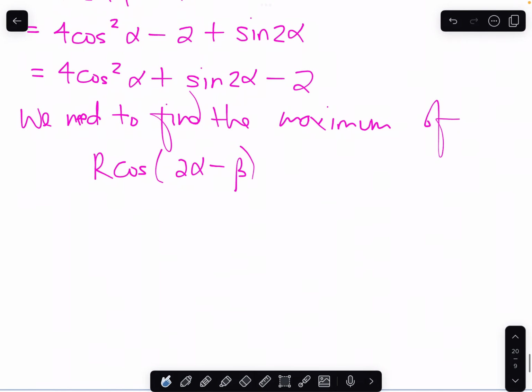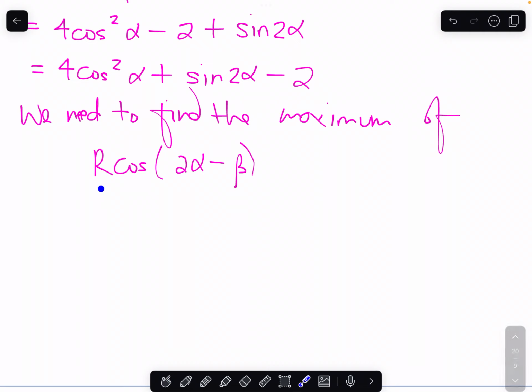Okay, and this is easier to find the maximum of because this is something whose graph we can draw, whereas this, we have multiple ratios going on. We don't really know how to draw that. Okay, so this is root 5 as we found previously, and the beta is 26,56 blah blah blah.